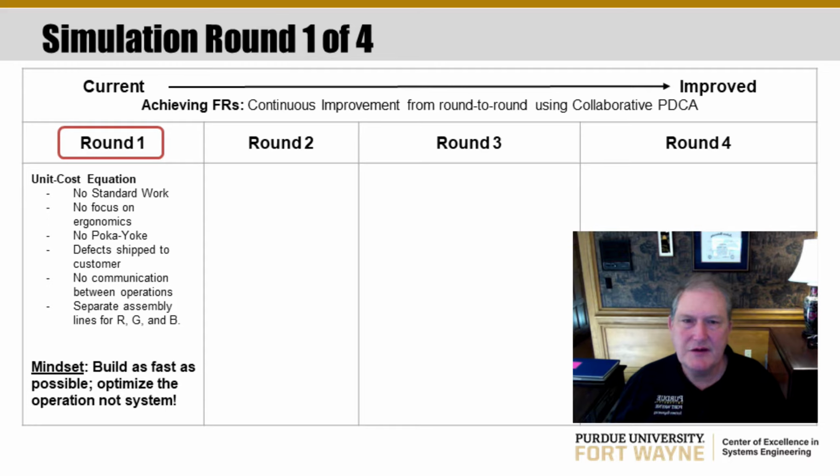It doesn't focus on improving ergonomics. It doesn't look at improving quality. Also, it doesn't look at linking communications between operations, since we're really focused on the cost of the single operation as standalone. Finally, and most importantly, defects are shipped to the customer.